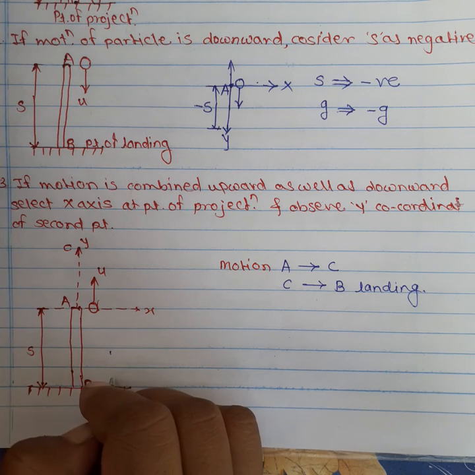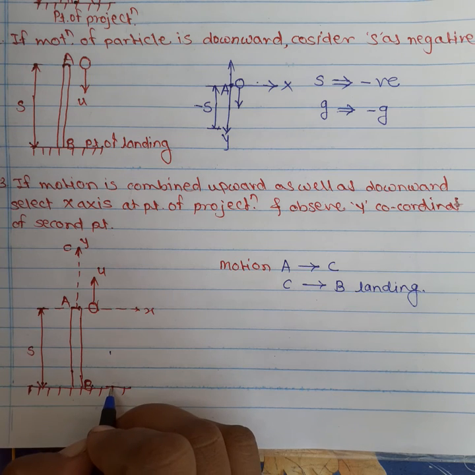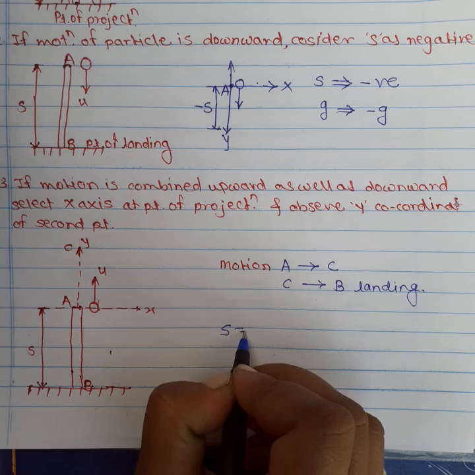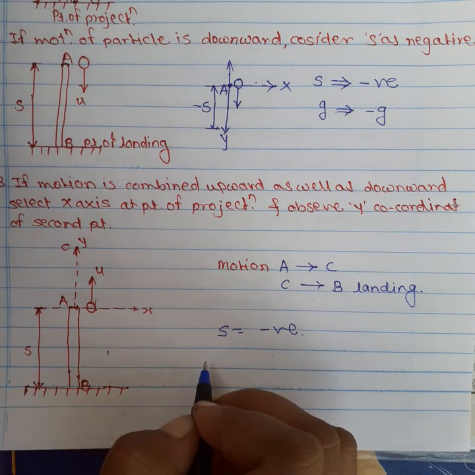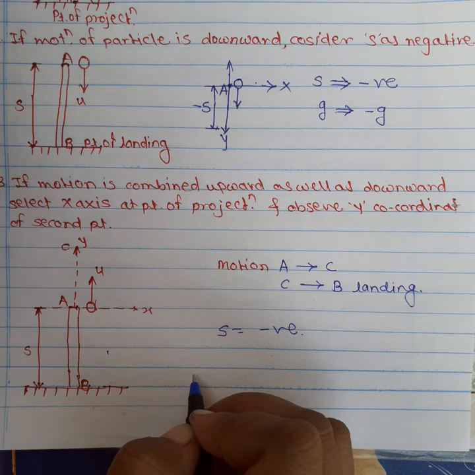That is, you have to choose S as negative. And here also g is negative due to the downward direction of the gravitational force.